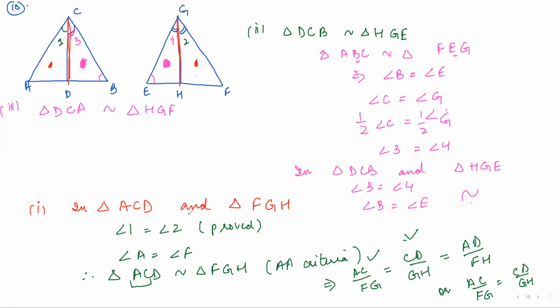Done. Okay. Third part, actually, we have already shown, right? Actually, we have taken it a bit different. ACD and FGH, we have already shown that they are similar, right? So same way, you can just rename the triangle and show they are similar. Angle 1 will be equal to angle 2, angle A is equal to angle F, and the triangles are similar. Actually, we started with part 3 in this case.